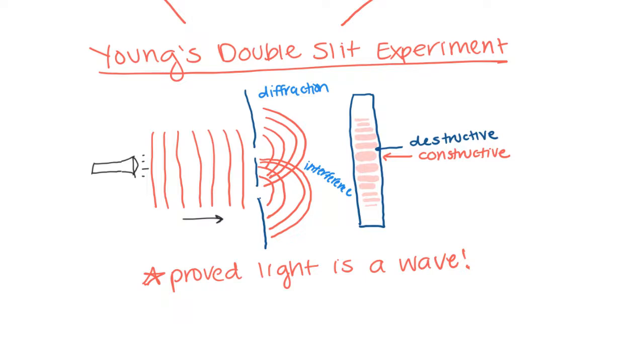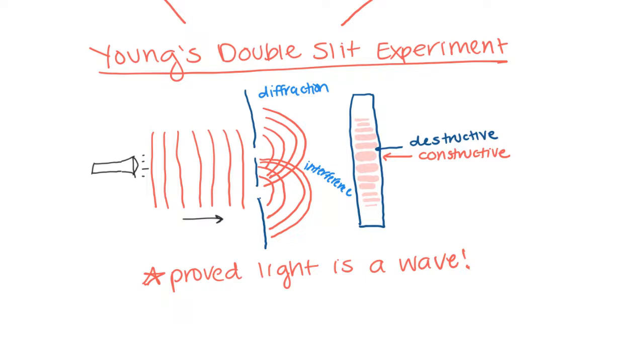All right, but in contrast, we saw this really unique striped pattern, which proved to scientists at the time that light had a wave-like property, because these large areas of light, this thick area of light, so anytime you see this red little dash here, this was a result of the constructive interference between those light waves. Anything in between those red dashes would have been dark spots, and those dark spots were the result of destructive interference of light waves.